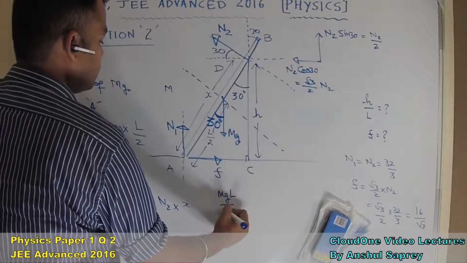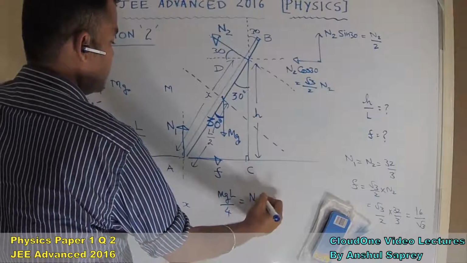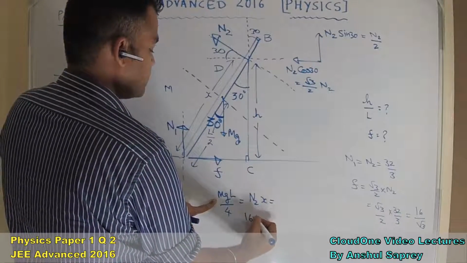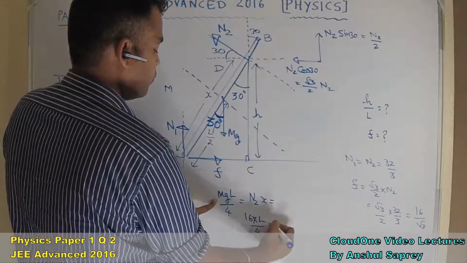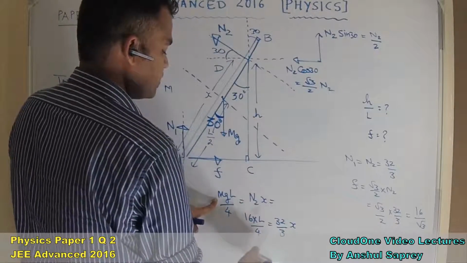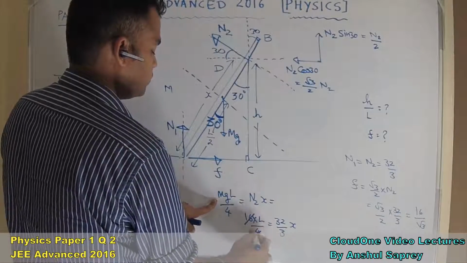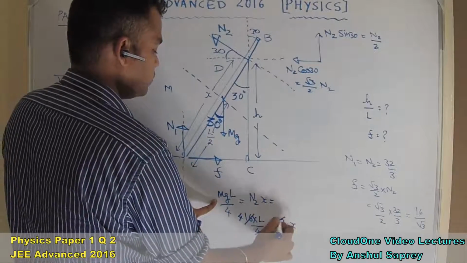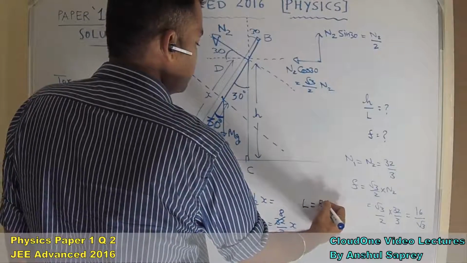mg into L by 4 is equal to N2 into x. 16 into L by 4 is equal to 32 by 3 into x. So L is equal to 8 by 3 into x.